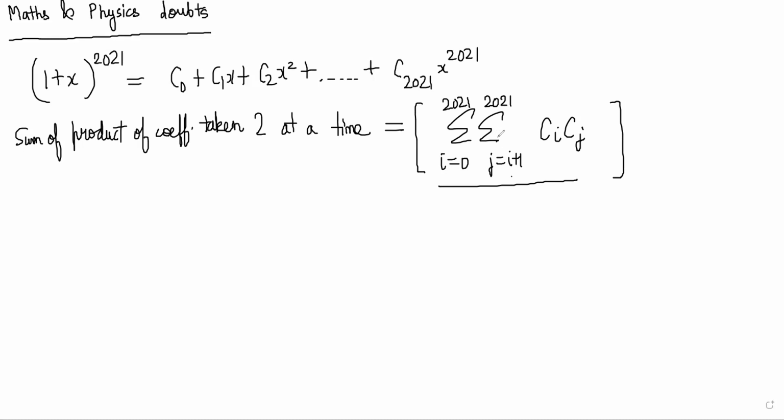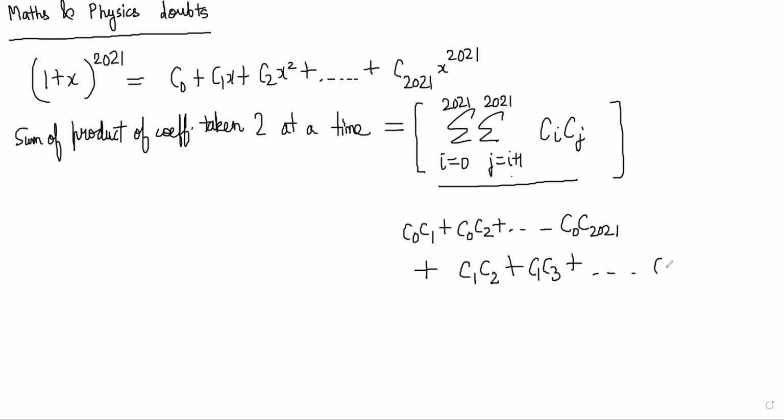So basically you are saying C0C1 plus C0C2, and so on till C0C2021, right? And then you fix i as 1. So C1C2, C1C3 till C1C2021, and so on. Basically, you are covering each pair, all the pairs.